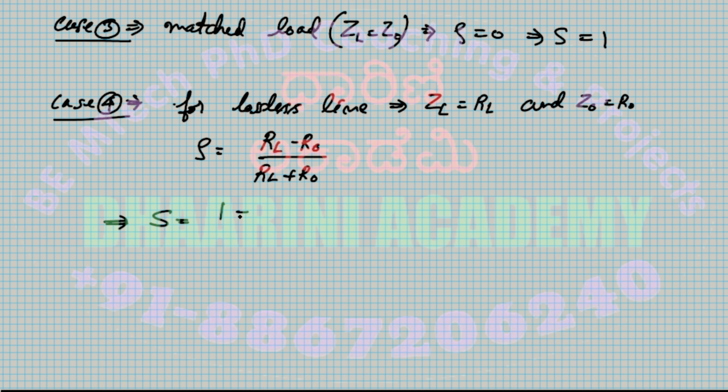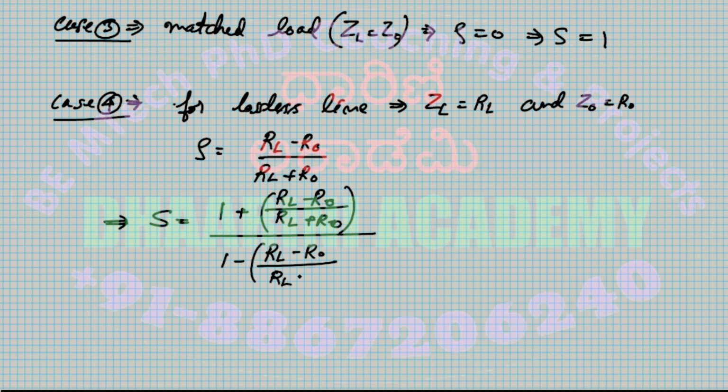So this is 1 plus RL divided by RL plus R naught, whole divided by 1 minus RL by RL plus R naught. Okay, take your time, try to simplify. Denominators anyway will get cancelled after the first step, right? Get me an answer.